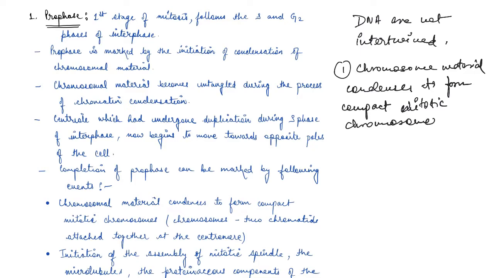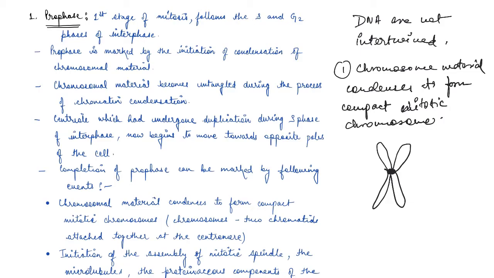If we talk about the structure of this chromosome, it will have two sister chromatids, joined together by a centromere. So the first thing that happens in prophase is that the newly formed DNA molecules condense and form the compact mitotic chromosome.